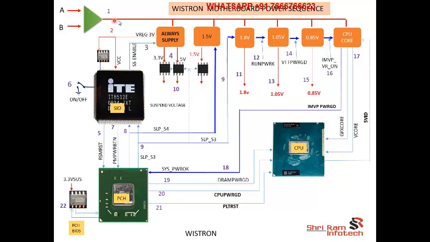Once I connect the adapter and battery, 18 volt passes here and is given to the different pulse width modulators. This one is called the always voltage, where they generate 3.3 and 5. This section is called 1.5 volt for the RAM, 1.8, 1.05, 0.85, and finally CPU core and graphics core.